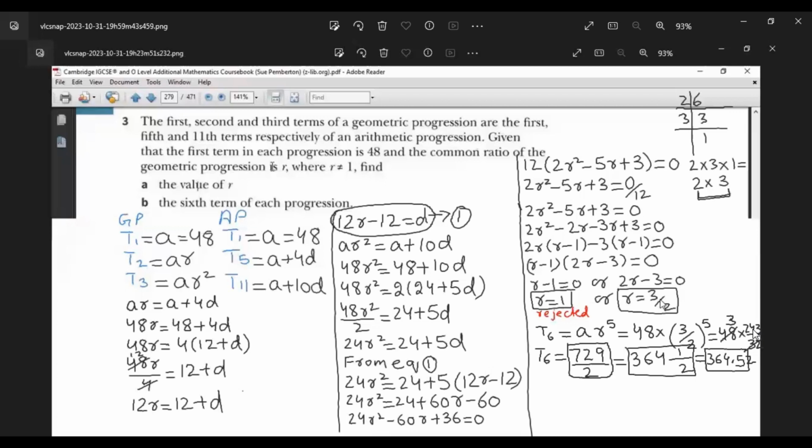This will be the answer for the sixth term of the GP. Now when it comes to the sixth term of the AP, we know the formula.